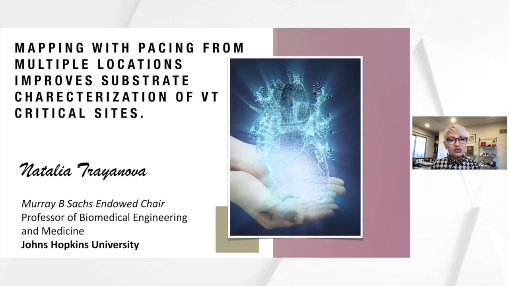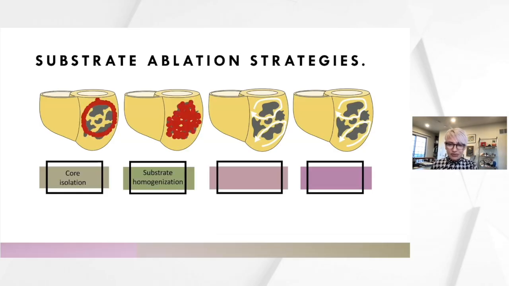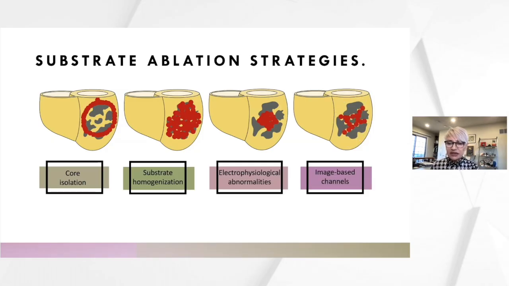So today, I would like to share some results from our research that provide potential insights into how we can improve substrate characterization for VT ablation. For patients with ischemic cardiomyopathy, there are a number of ablation strategies in use: core isolation, substrate homogenization, identifying electrophysiological abnormalities and ablating them, as well as ablating image-based channels.